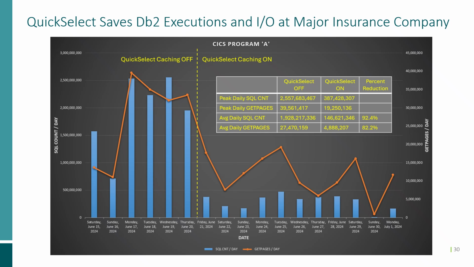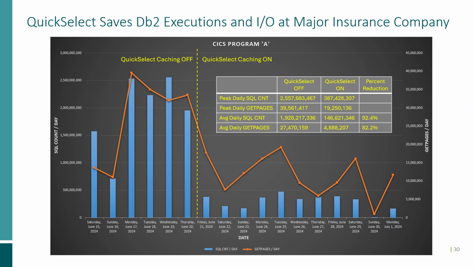Here's another real-world savings example for a single QuickSelect program running at a major insurance company. Our vertical dotted yellow line demarcates QuickSelect caching off to the left and QuickSelect caching on to the right, with our yellow line indicating a decrease in get pages and our blue bars indicating a decrease in SQL executing against Db2.